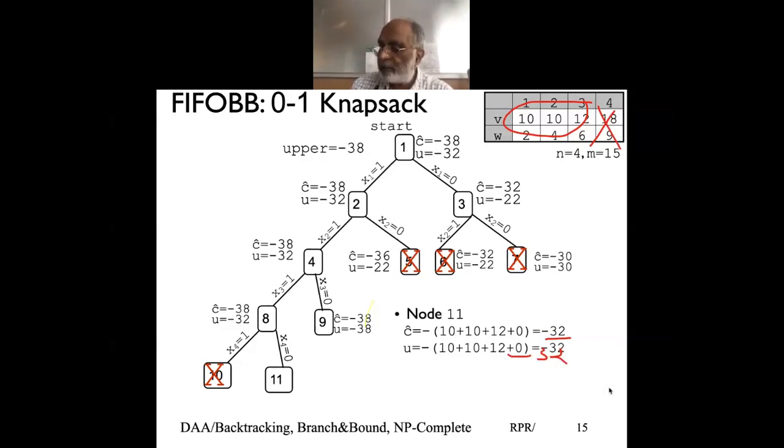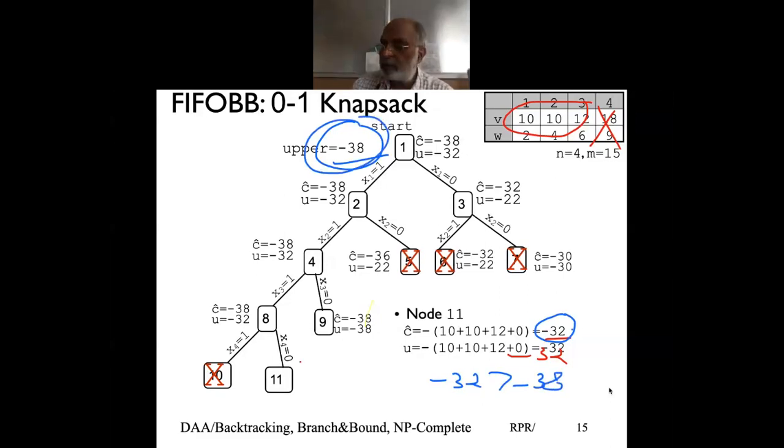I already have a solution with minus 38 upper limit, and node 11 gives me minus 32. Minus 32 is greater than minus 38, and I already have a solution of minus 38. So there is no point considering this node, and we reject this node as well.